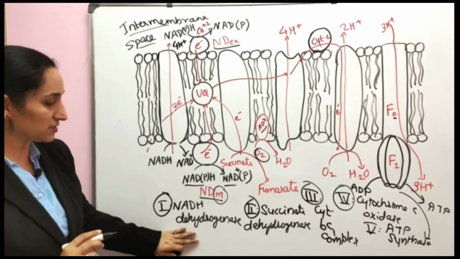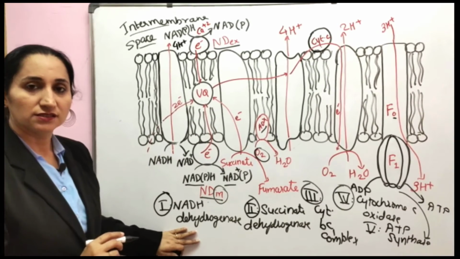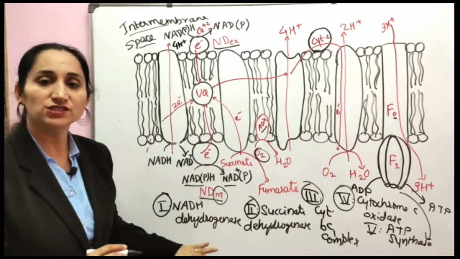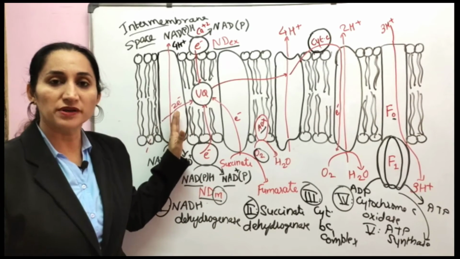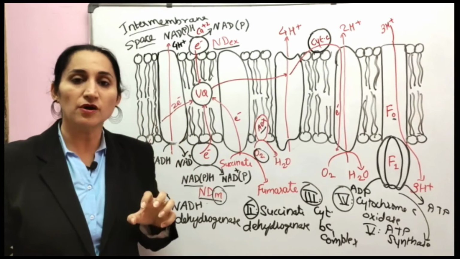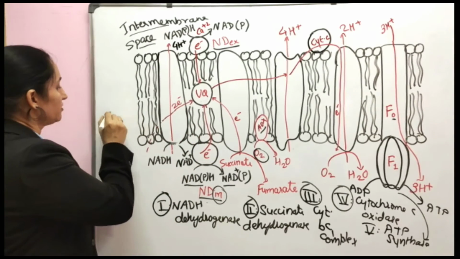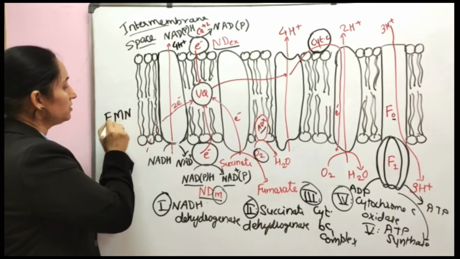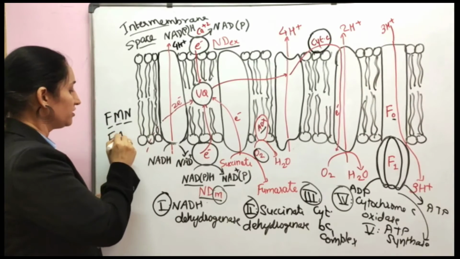Now, let us start with the first complex. The first complex is NADH dehydrogenase. Electron carriers in this first complex include a tightly bound FMN. FMN means flavin mononucleotide, which is structurally similar to FAD.